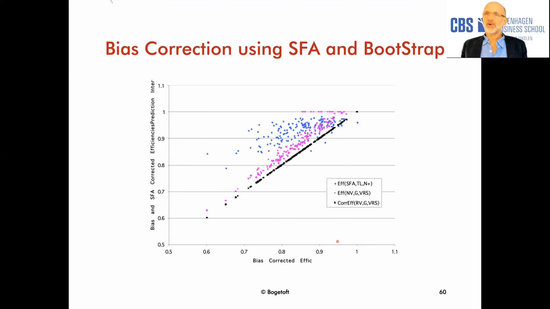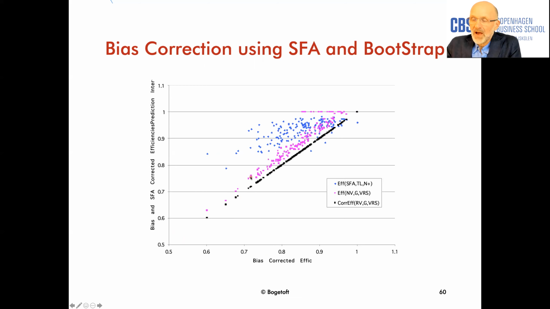Here I try to compare the original scores in the Norwegian model, the bias corrected scores, and the SFA scores. Down here I have the bias corrected efficiency scores, and the blue one shows what kind of bias corrected efficiency scores you have.